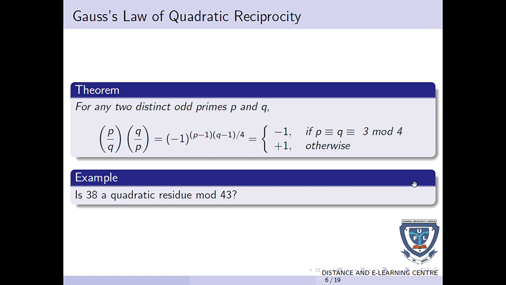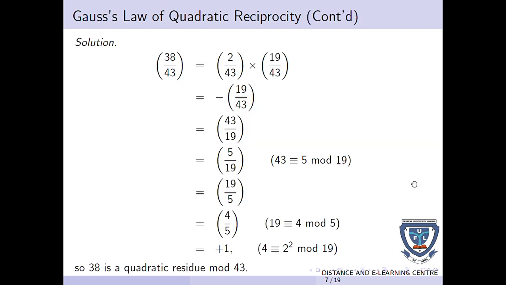Now let's look at this example. Is 38 a quadratic residue modulo 43? Solution: 38 over 43 will give us 2 over 43 times 19 over 43. Since 38 is an even number, you break it up into two primes, which are 2 and 19. And when you look at 2 over 43, the value is minus 1.